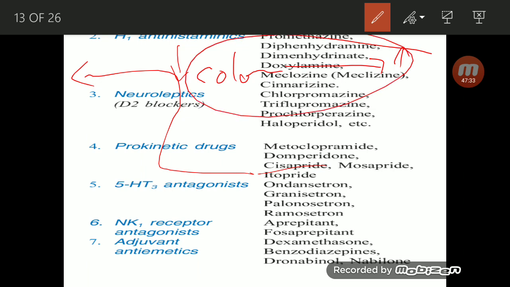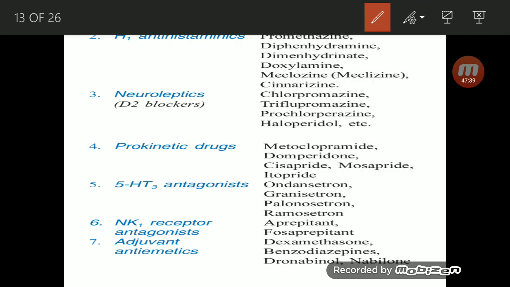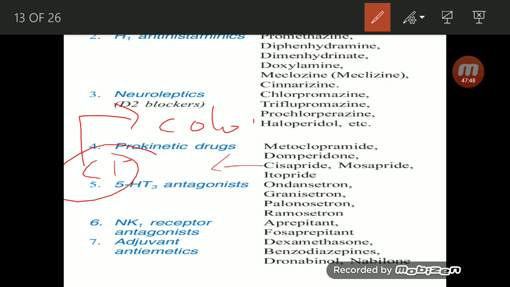Along with that, this drug also induces the secretion of chloride ions through your colon.